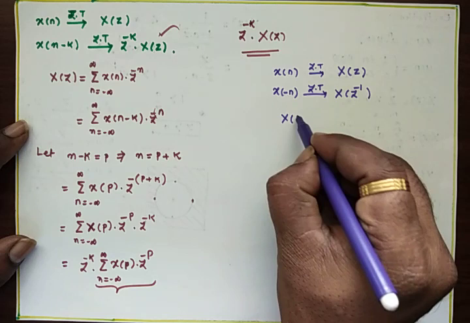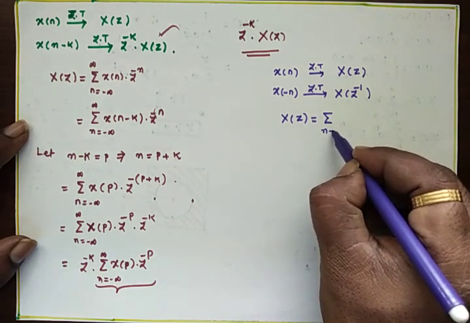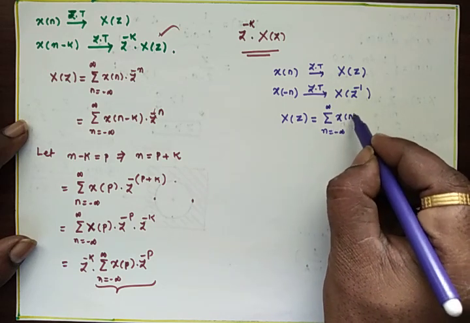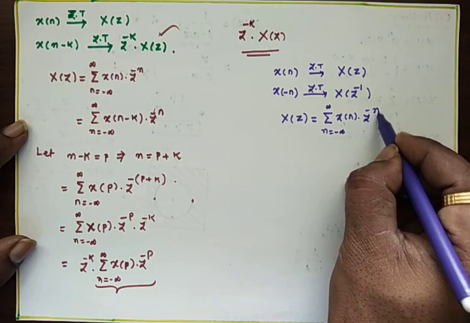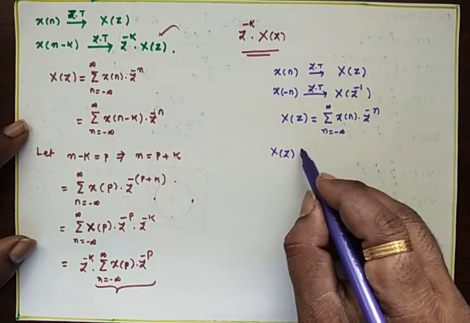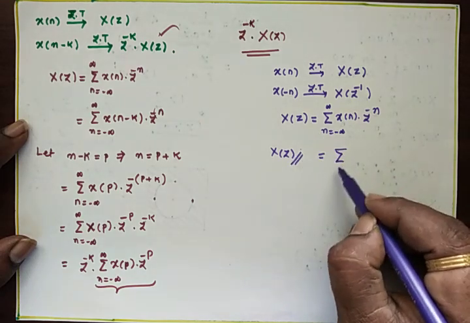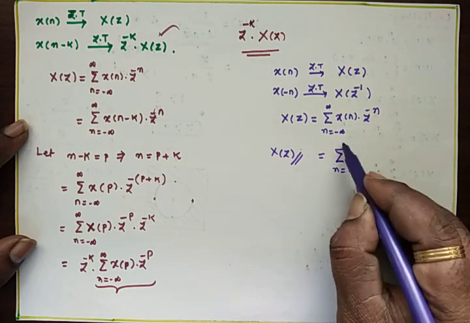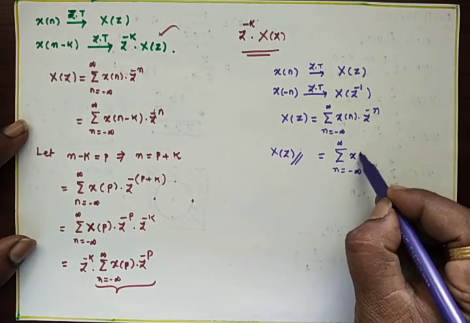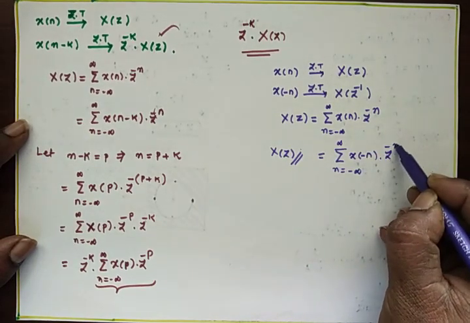Let us know that X of z equals sigma n equals minus infinity to plus infinity x of n into z to the power of minus n. This is the formula, so what we can write here is sigma n equals minus infinity to plus infinity, x of minus n into z to the power of minus n.